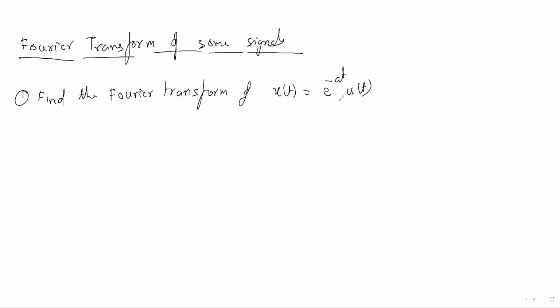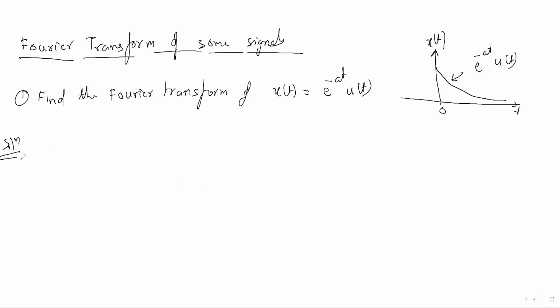I have already said what the drawing of this signal will be. Only the positive time duration will be represented because u(t) is there, and it will be gradually decreasing. This is x(t), the plot of e to the power minus at u(t). So the question is to find the Fourier transform.